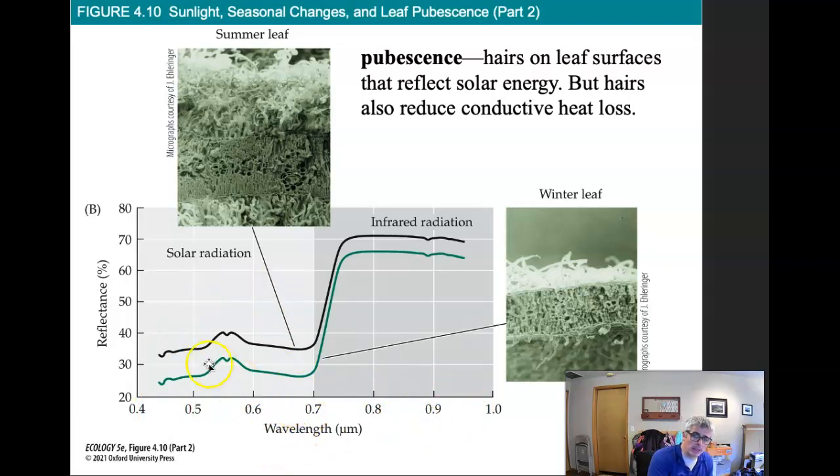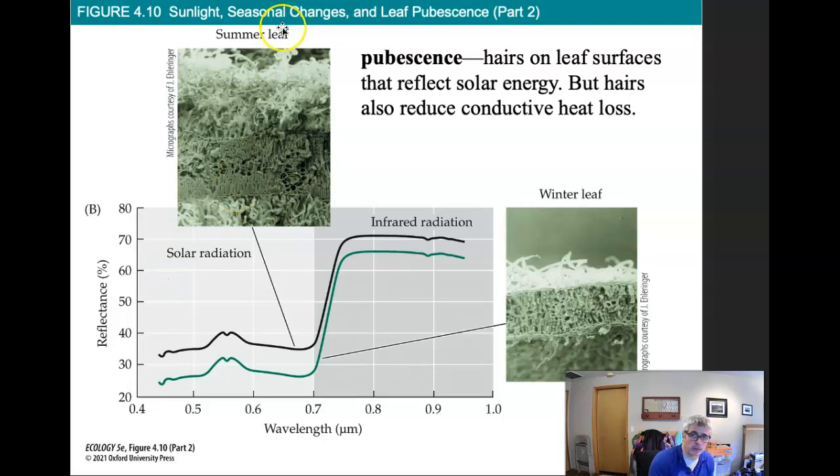In these wavelengths, we're primarily looking at solar radiation, and in these wavelengths, we're looking at infrared radiation. On the y-axis is percent reflectance, so the higher the number, the more energy is being reflected. You can think of this as like a white car versus a black car. Which one is reflecting more radiation?